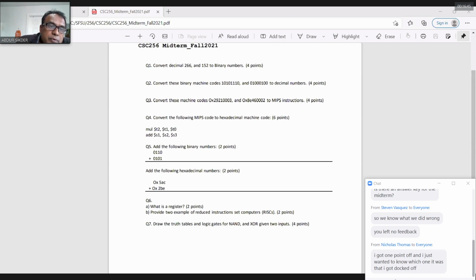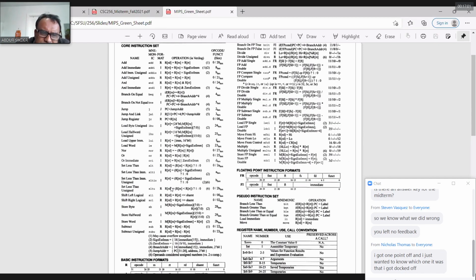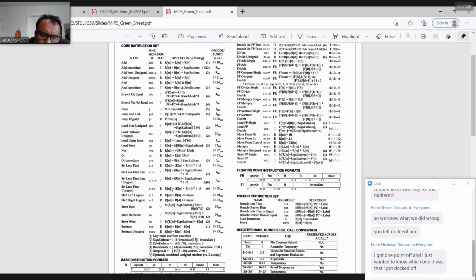From the slides, I think we have the MIPS reference sheet. It's saying, my screen, yeah. So if you see the load word, where is it? Store word, yeah, in the middle, load word. See that you have this RT and then RS and then that sign-extended immediate.